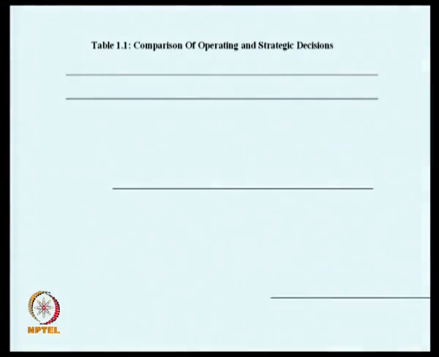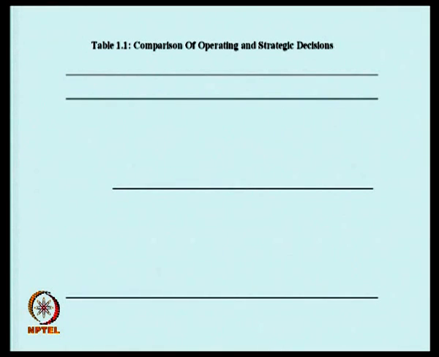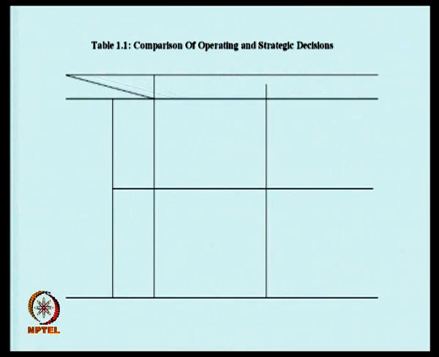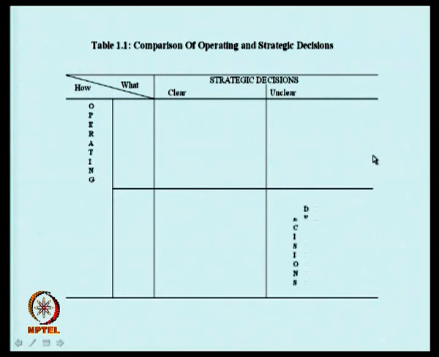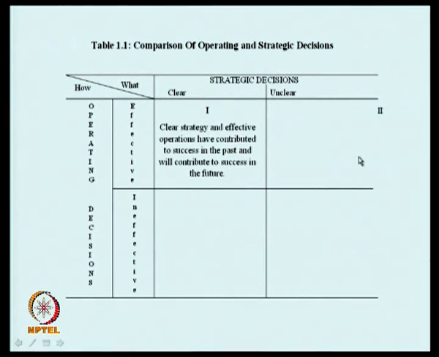If we are able to draw a comparison of the operating and the strategic decisions, we can construct a table. We can look at the operating decisions on one side of this matrix, the strategic decisions on the other side of the matrix, and we can see what really happens in the different quadrants.